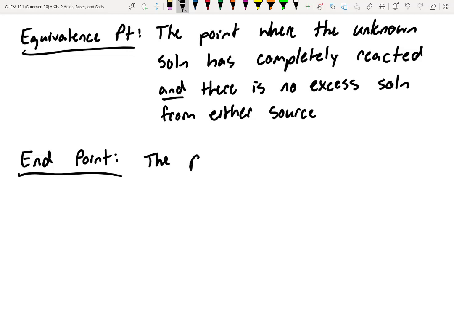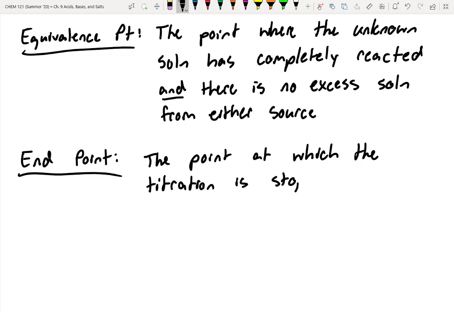So this is the point at which the titration is stopped on the basis of an indicator.